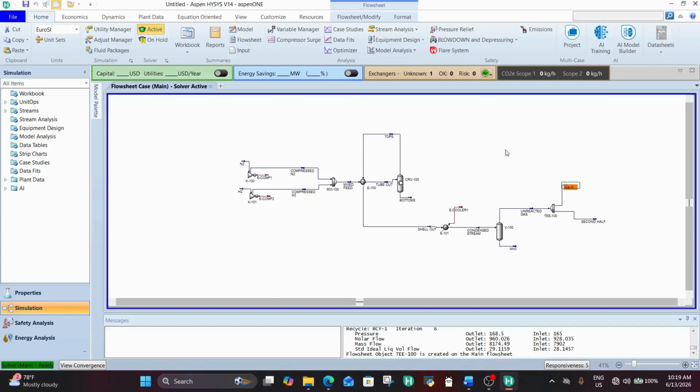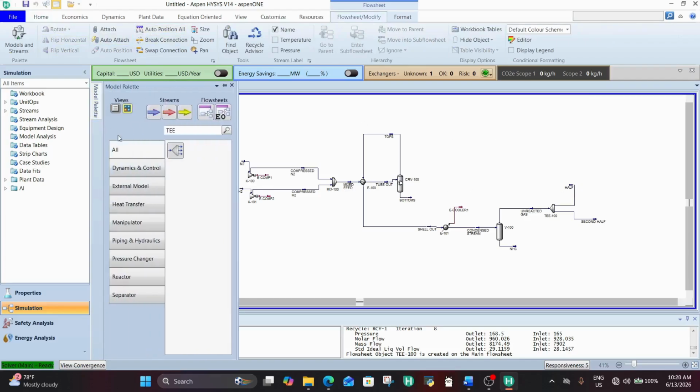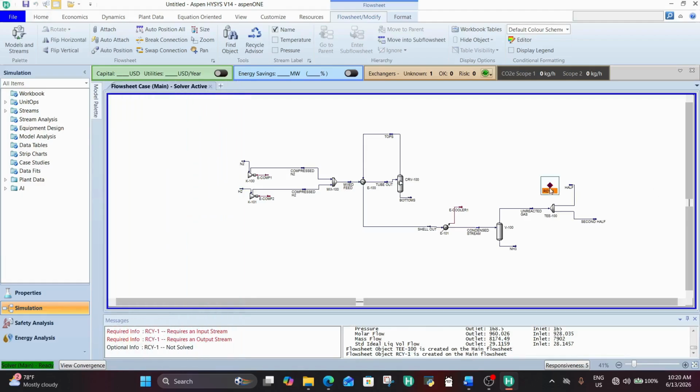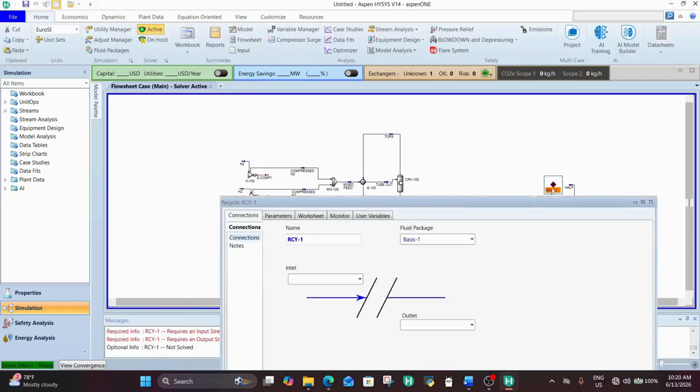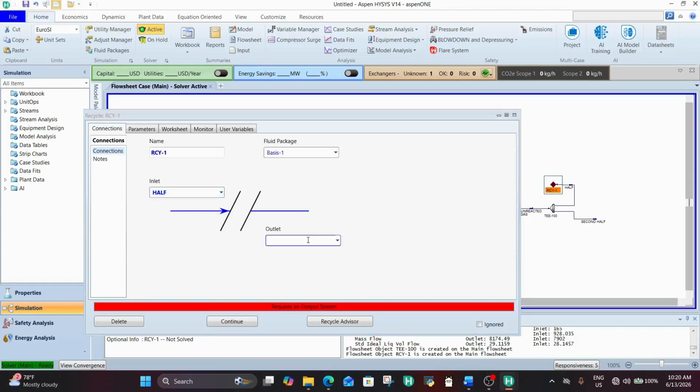Now let's introduce our recycling loop. Half. Right. Out.